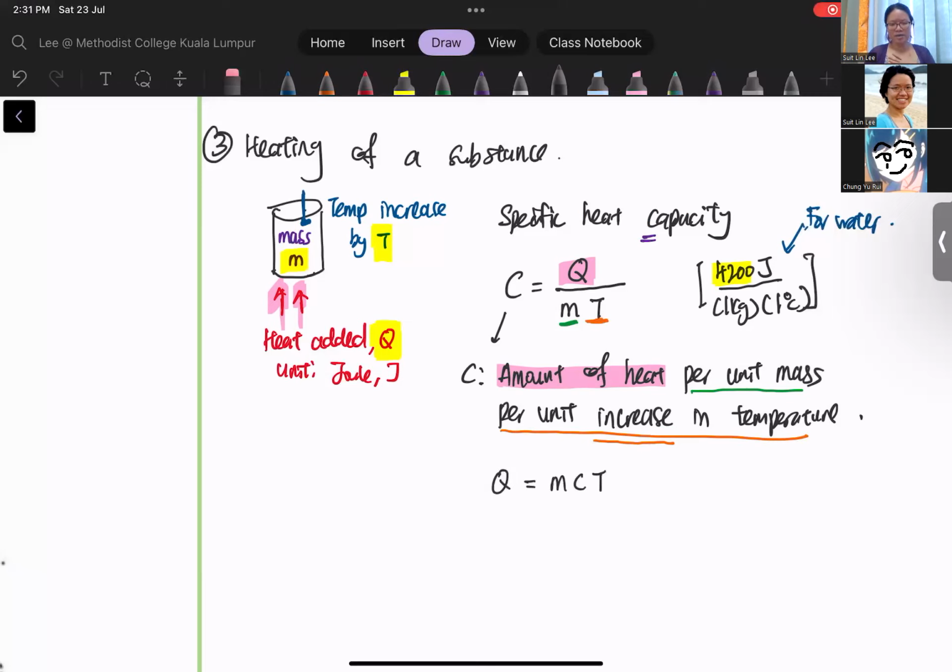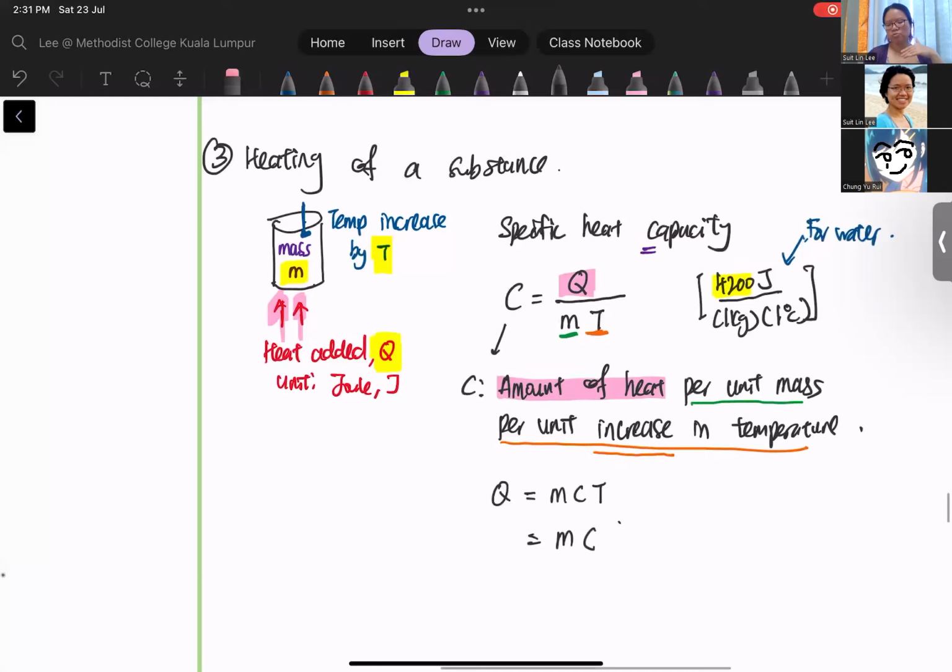Because I have a potato brain, I want to make sure that I remember that for increase in temperature, I need to take final temperature minus initial temperature. So I'm going to put the triangle here, delta, to show the change. Because I forget to minus initial and final, so I better include this inside my equation.